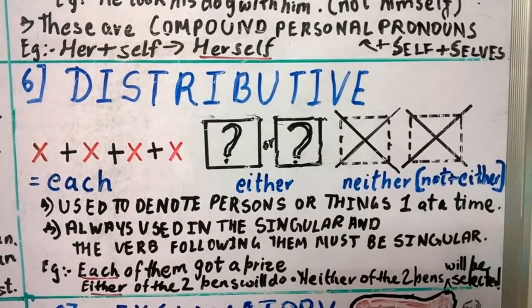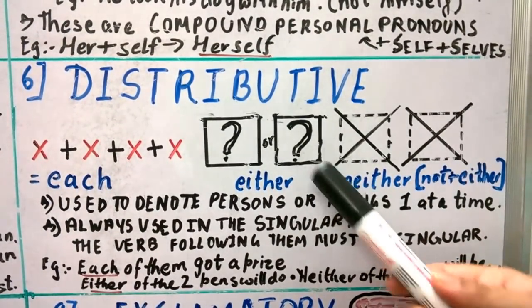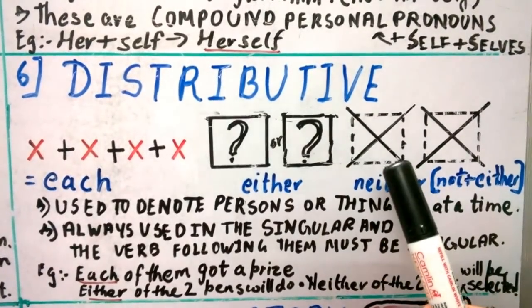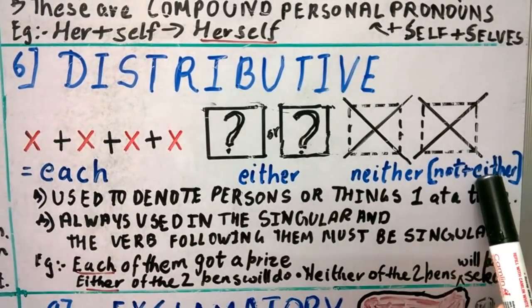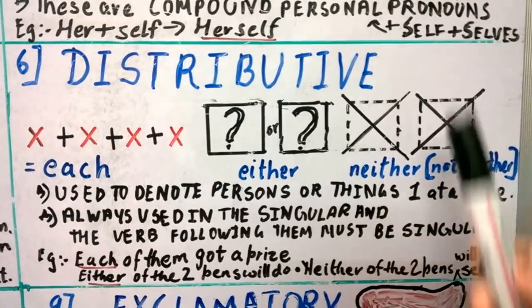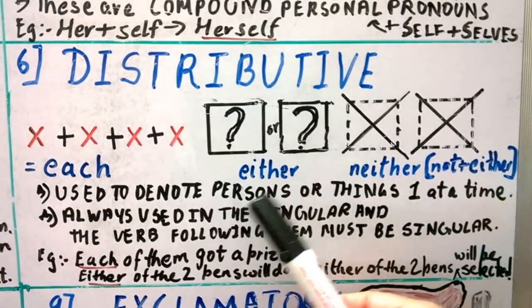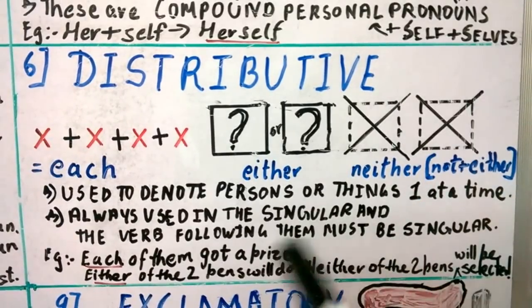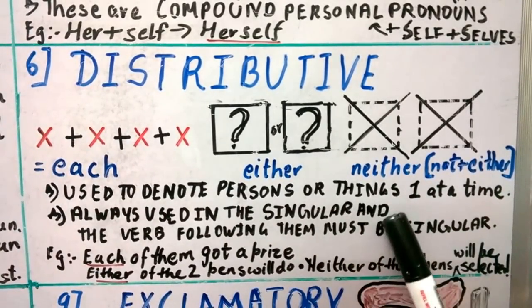Suppose I say, I have 2 pens. So I use either the black one or the blue one. If I say, I have 2 pens, neither I want the black pen nor the blue pen. So distributive pronouns are used to denote persons or things one at a time. Distributive pronouns are always used in the singular.